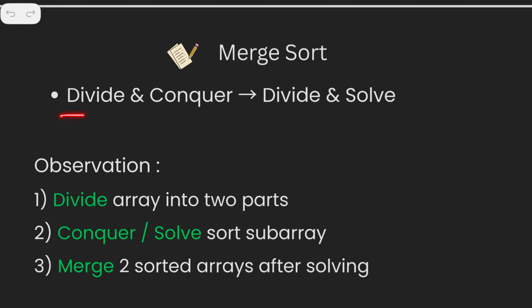As I mentioned earlier, merge sort uses a technique called divide and conquer. We need to solve the problem at the time of divide or at the time of merge. As the name suggests, it is a divide and conquer technique, correct? So divide means given a problem statement P, you are going to divide it into further P1 and P1, let's say.